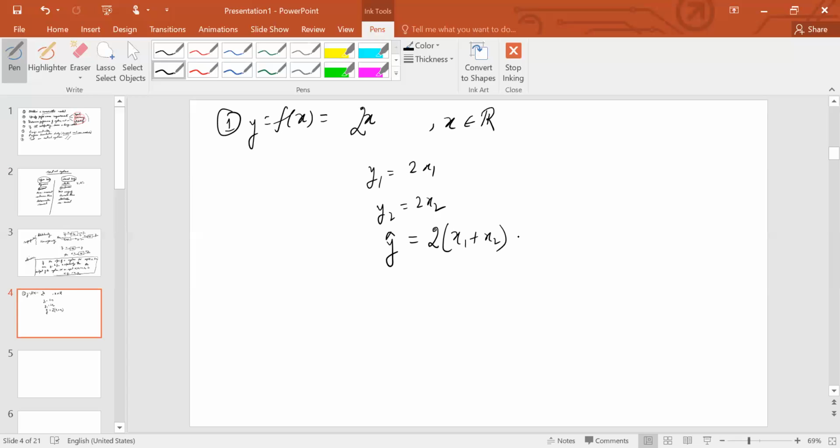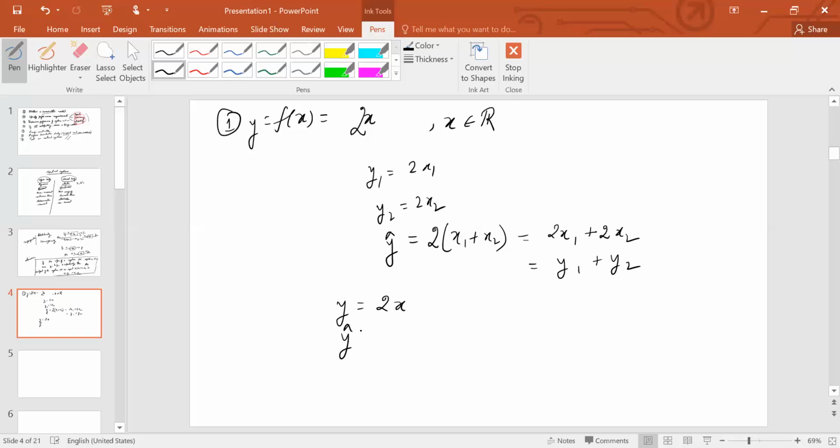Because multiplication is distributive over addition, this is nothing but y1 plus y2. So this meets the condition of additivity. The next thing we need to check is, so let's say y is equal to 2x.